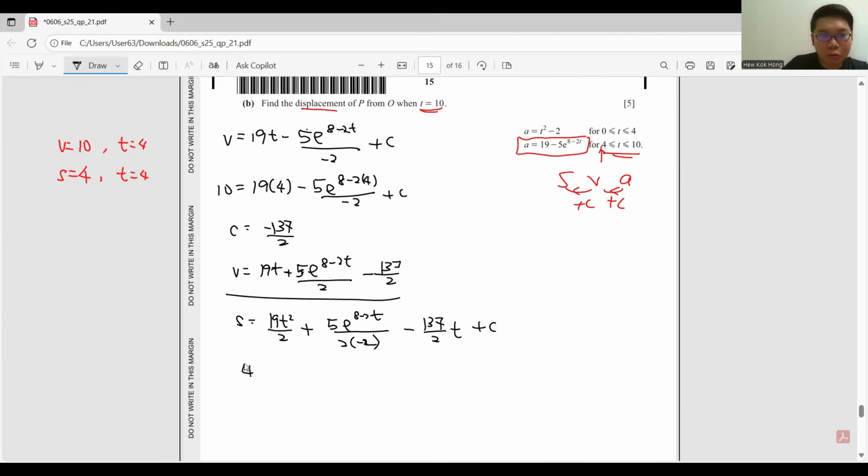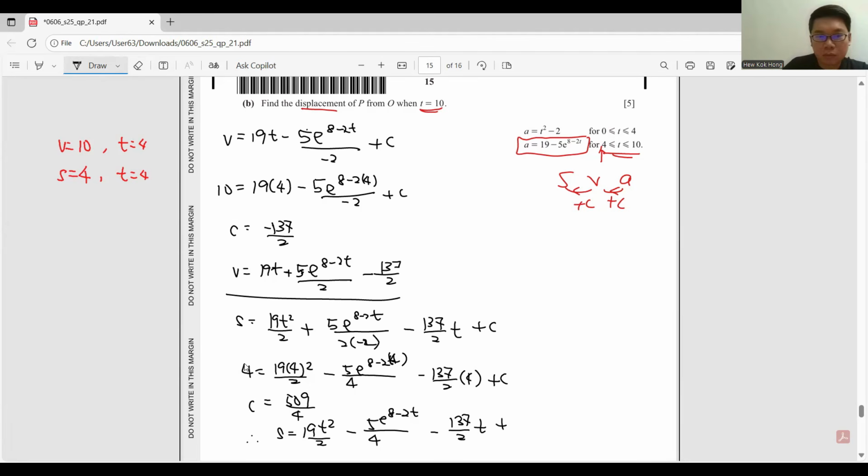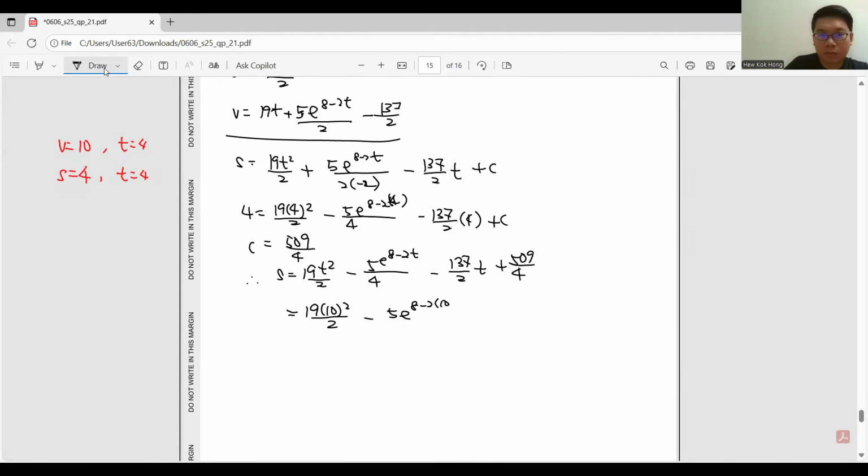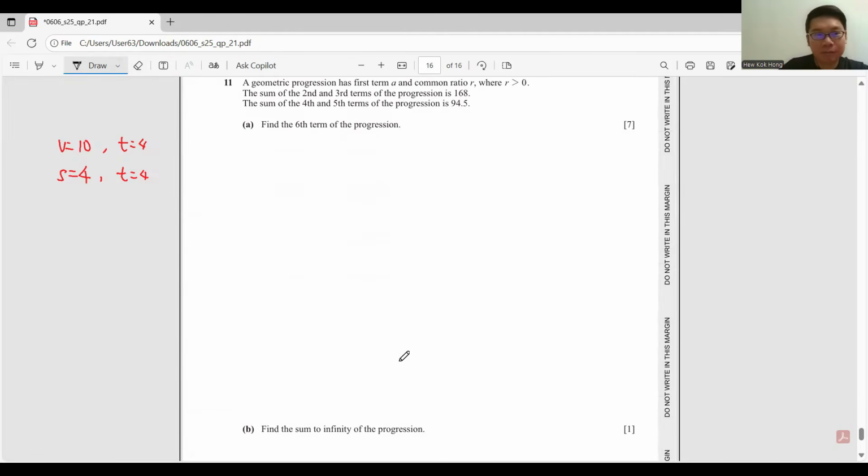Then we use s equals 4 when t equals 4. Then when time equals 10, we substitute t equals 10 into the equation. You get 392 point something, so you round to 3 significant figures.